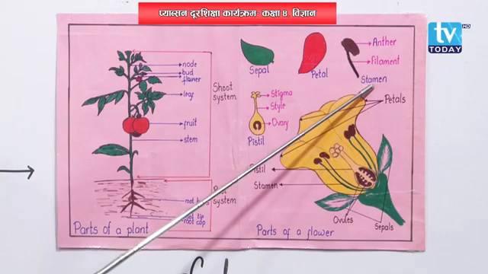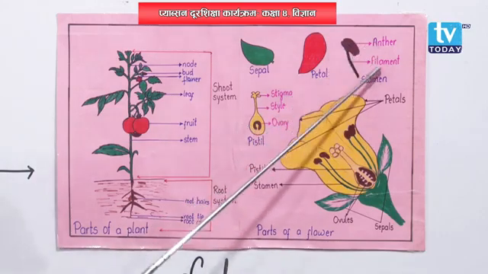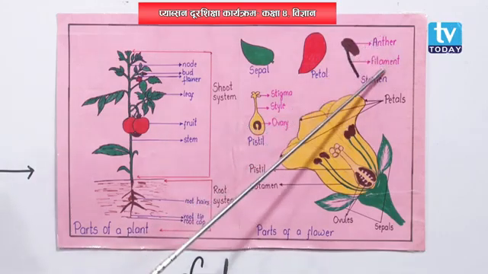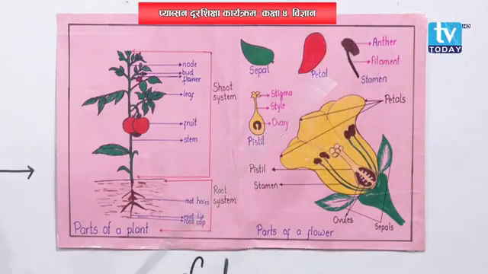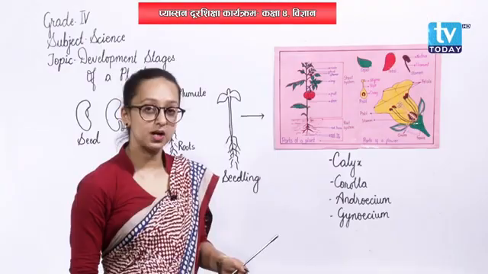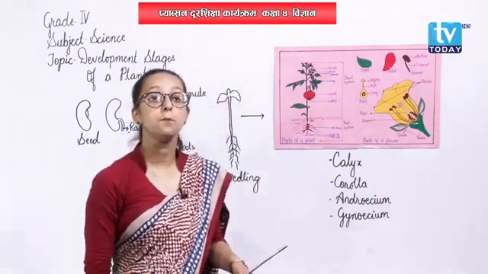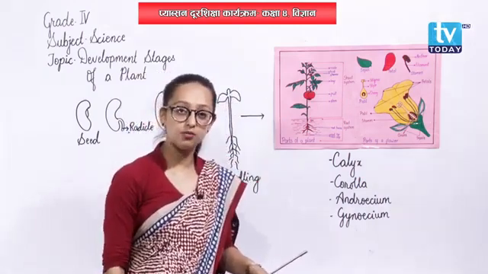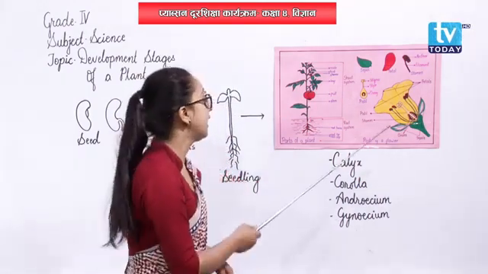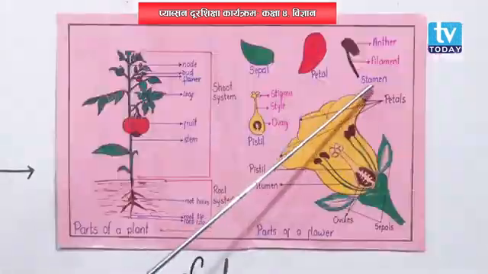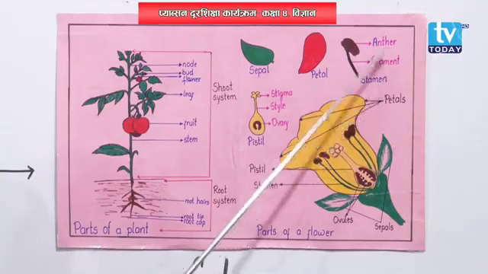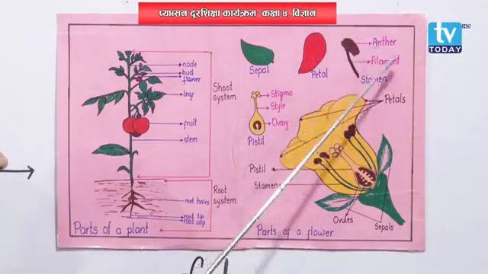And a stamen is further divided into 2 parts, that is anther and filament. Also, let me tell you, androecium is the male reproductive part of a flower. Okay, and here, as I told, a stamen has 2 other parts as well, that is anther and filament.